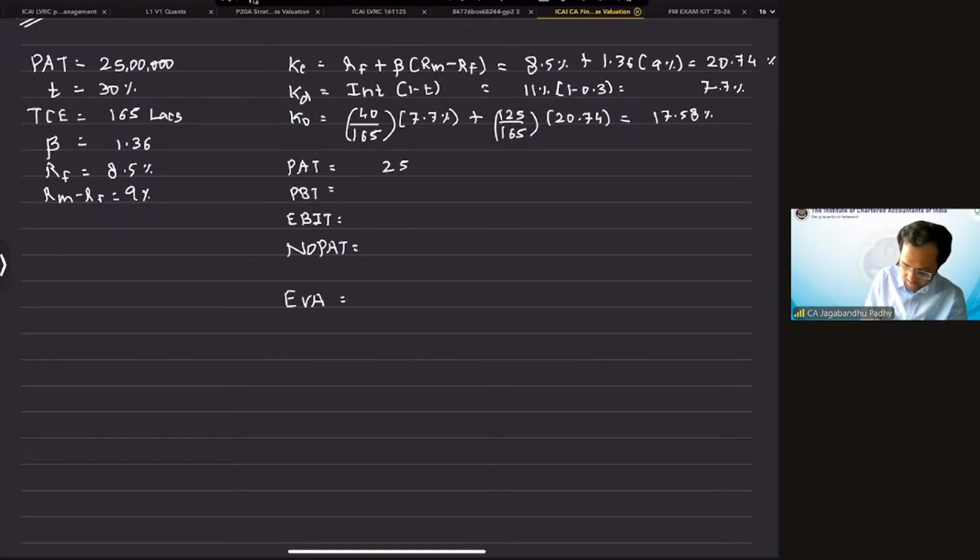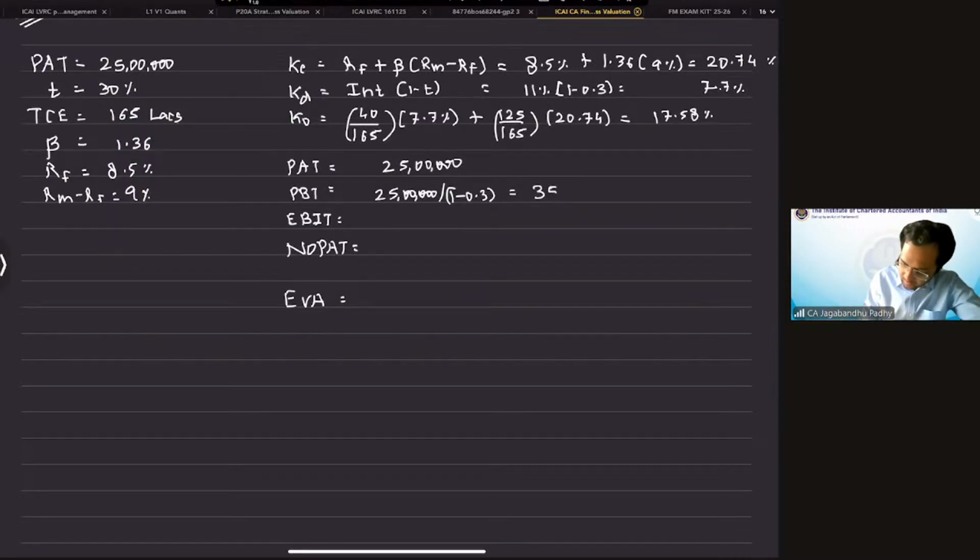You've got the PAT as 25 lakhs. PBT will be 25 lakh divided by 1 minus 0.3, so 25 divided by 0.7.